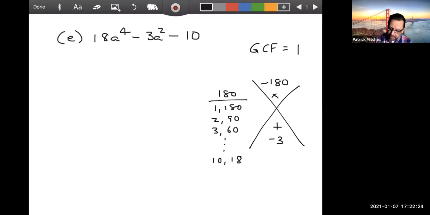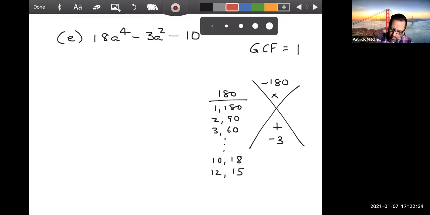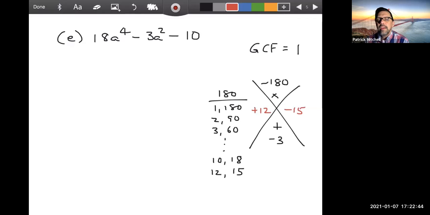However, 180 divided by 12 is 15, so that will work. I need them to add up to negative 3, as long as I put a minus sign in front of the 15. So my mystery numbers are +12 and -15. Notice that also gives me the -180 that I need.